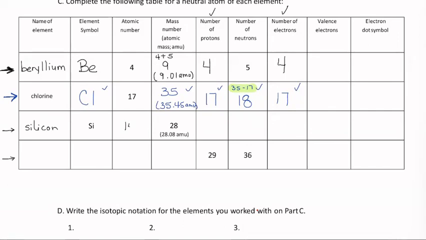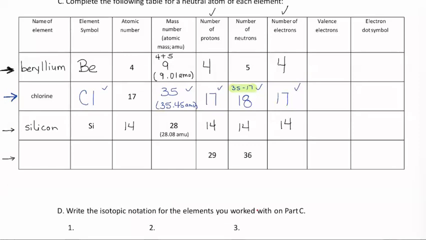Great job. So since we know the atomic number, that's going to be the number of protons and the number of electrons, okay? You are given here the mass number for this silicon, which is 28. You can see that in parentheses, we actually put the atomic mass for this silicon, okay? But since we know the mass number and we know the number of protons, how many neutrons do we have of silicon?